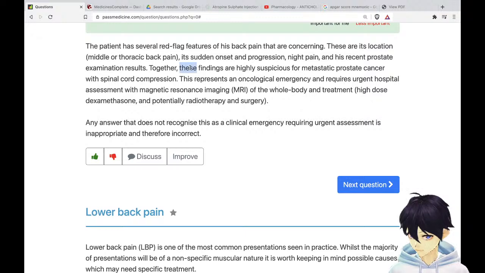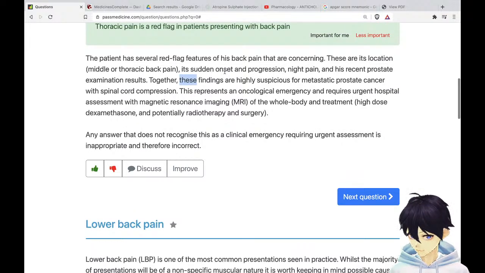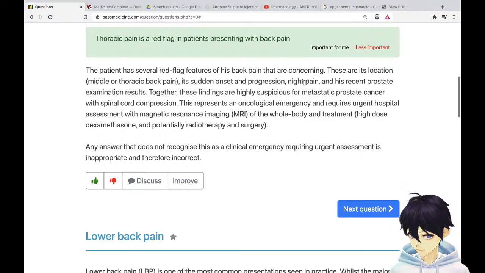Wait, explain to me again where is the sign of spinal cord compression? Sudden onset and progression, night pain, recent prostate examination results. These findings are highly suspicious of metastatic prostate cancer. Yes, that I get, but with spinal cord compression?